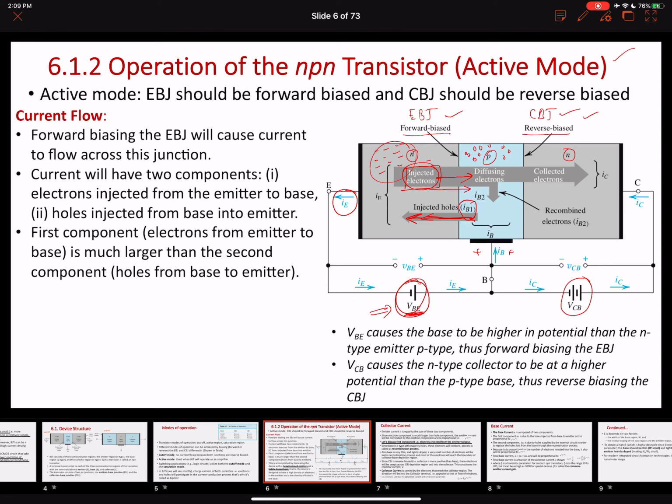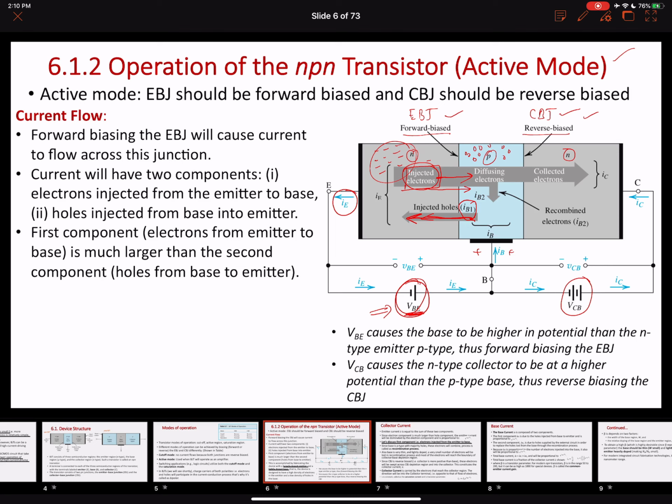Looking at the amount of these charge carriers that are flowing, the number of injected electrons from the emitter to the base is much higher as compared to the number of injected holes from the base to the emitter. We will realize what the benefit of it is later.